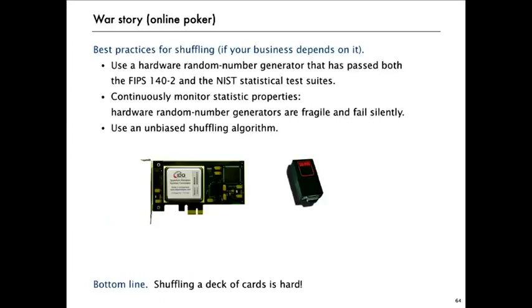So if your business does depend on shuffling, people have looked at all sorts of options, including using hardware random number generators, and there's various tests available to make sure that it's random. And you better use good shuffling code. That's our topic. But the bottom line is, don't think that it's easy to shuffle a deck of cards. So that's shuffling, our first non-trivial sorting application.